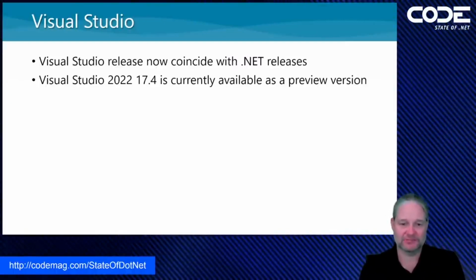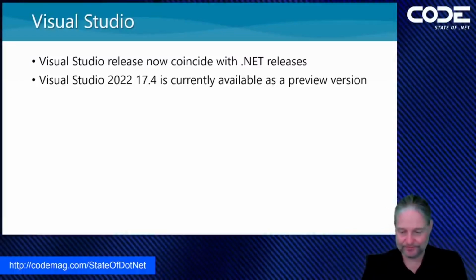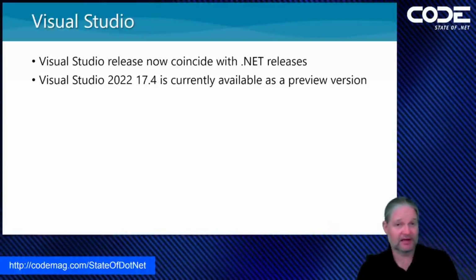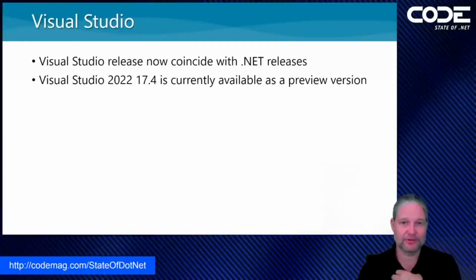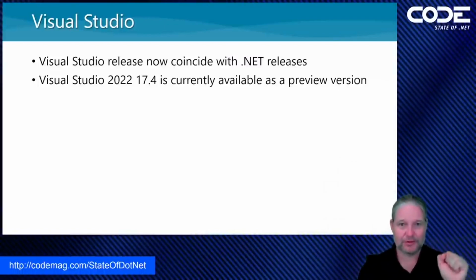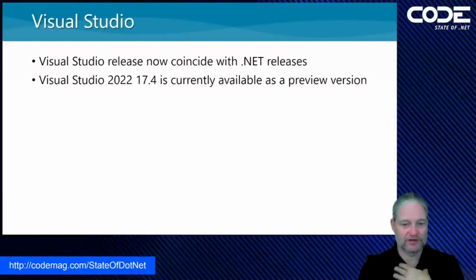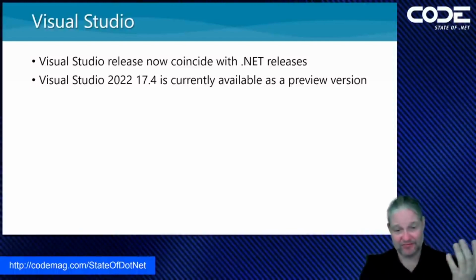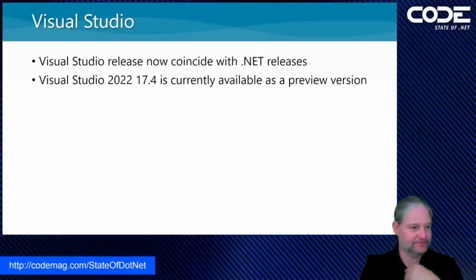Even when I target something older, I use the preview versions of Visual Studio and have really not had many problems with that unless I do something truly out of the ordinary. So again, I encourage you to do that. By the way, you can install different versions of Visual Studio at the same time. So you can use 17.3, which is the prior released version. I have that installed as well as 17.4, and those work side by side. Now, I guess DevBox will make that even easier in the future, but it also works on a local machine.